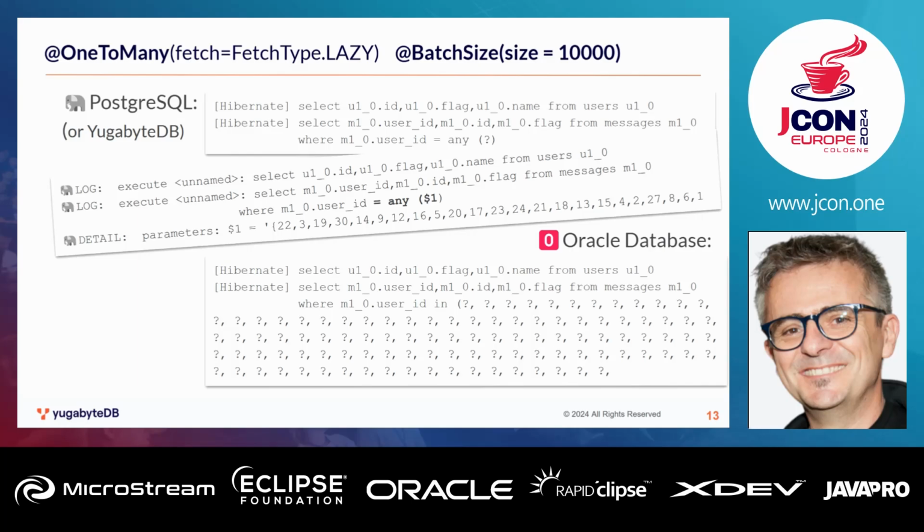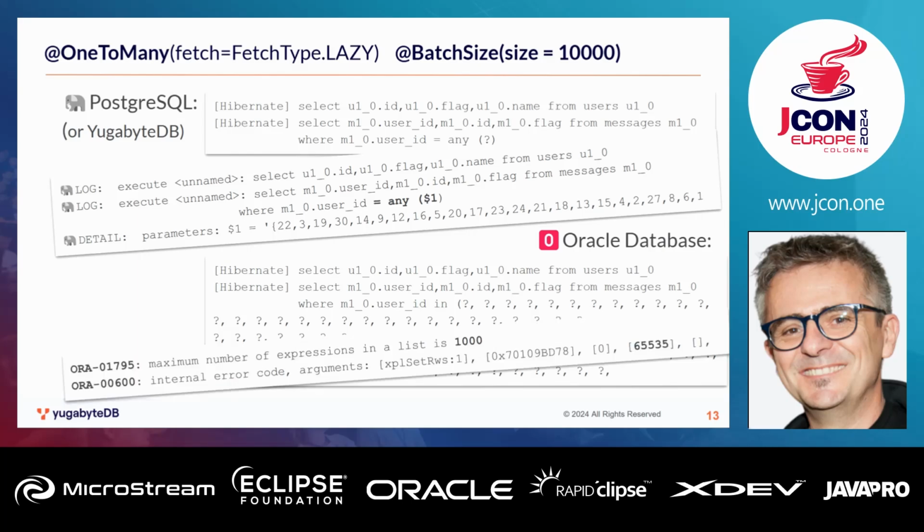In Oracle, the same mapping will not generate one parameter with an array. It will generate many single value scalar parameters, which may not be as efficient because then, even if those are parameters, it's a big statement that has to be sent to the network, parsed, and also there are some limits.